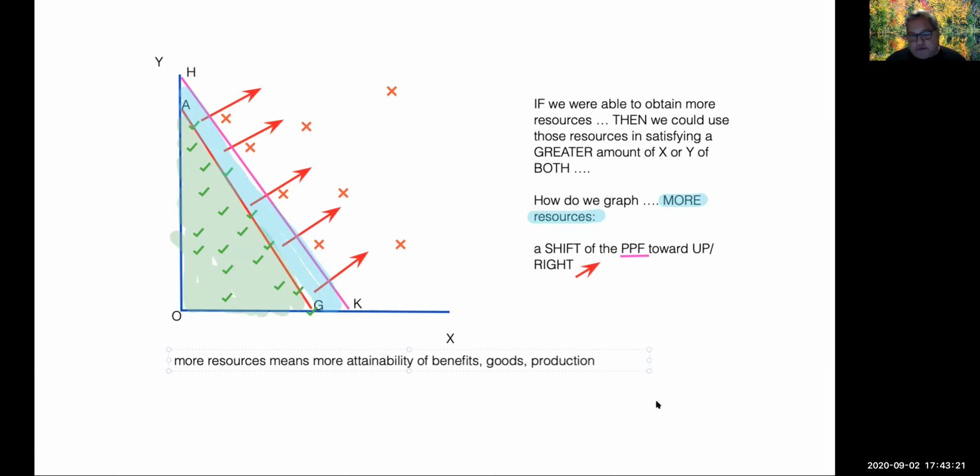And this would be how you would reflect that image as a shift, a parallel shift of the production possibilities to the right or up. And it's key, the word parallel is really important there. Okay, so the pink line and the red line have to be parallel to each other.